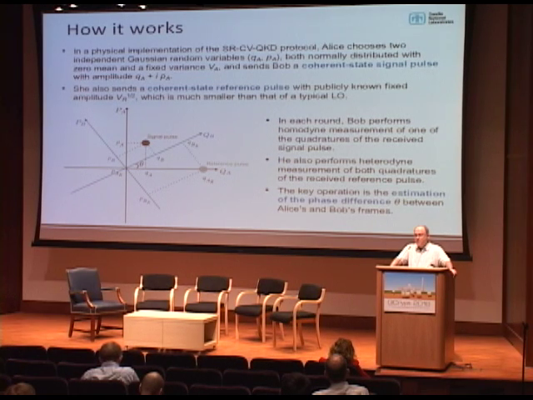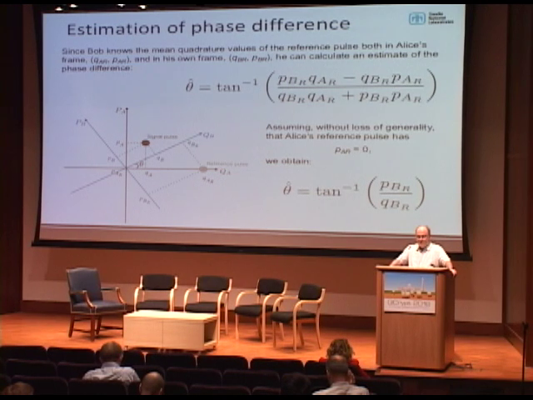The key operation in this approach is to estimate the phase difference theta between Alice's and Bob's reference frames. There is a pretty simple geometric relationship between Alice's and Bob's reference frames, and since Bob knows Q and P for the reference pulse both in his frame and in Alice's frame, he can estimate this angle. So theta is the actual angle which accumulates due to the propagation of the pulse, and theta hat is the estimation of this angle.